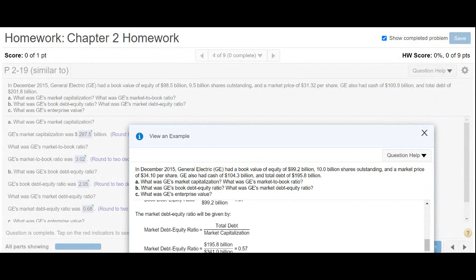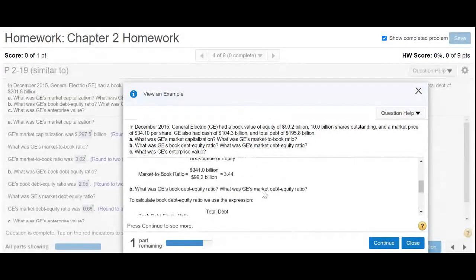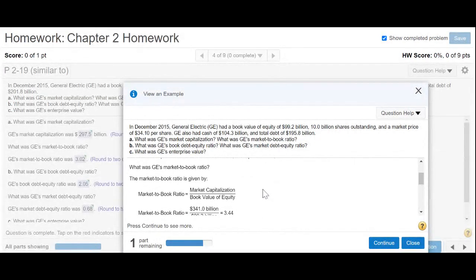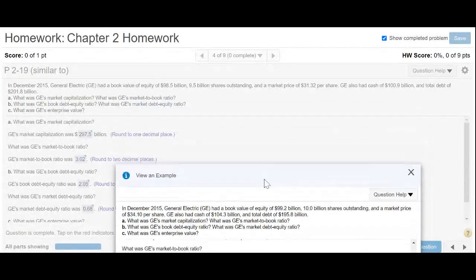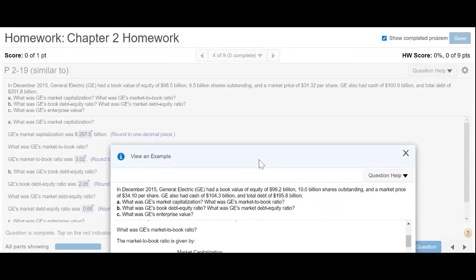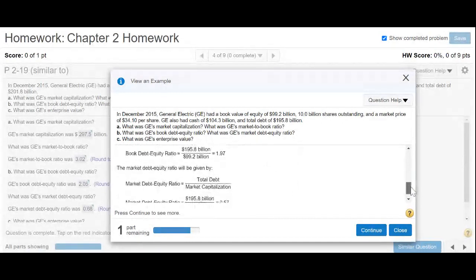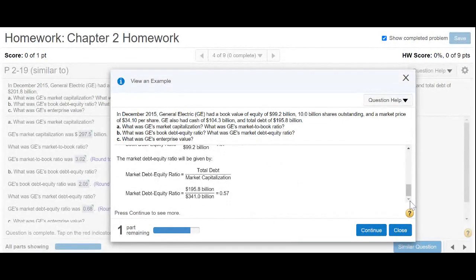The debt is 201.8, divided by 297.5. You have all these formulas on your formula sheet.